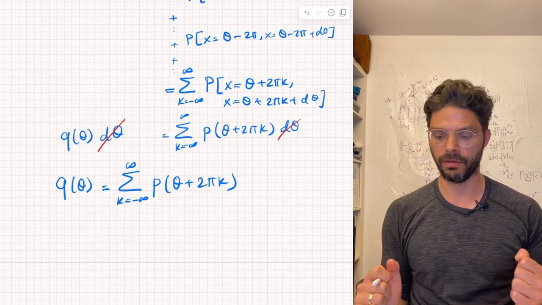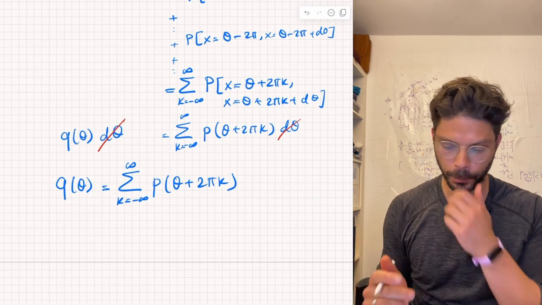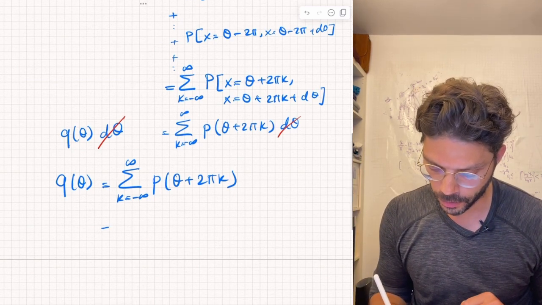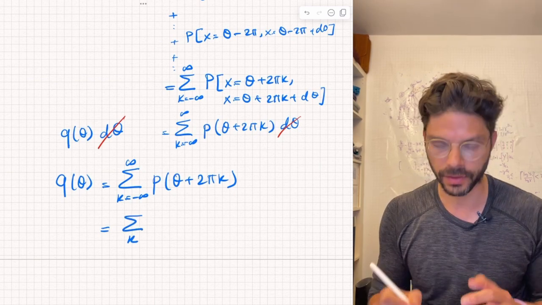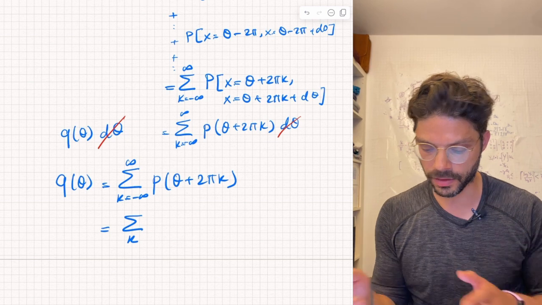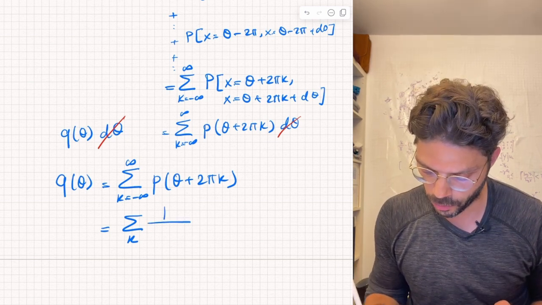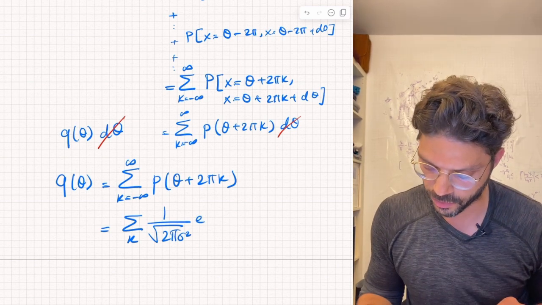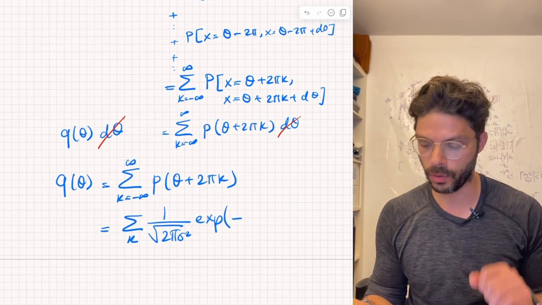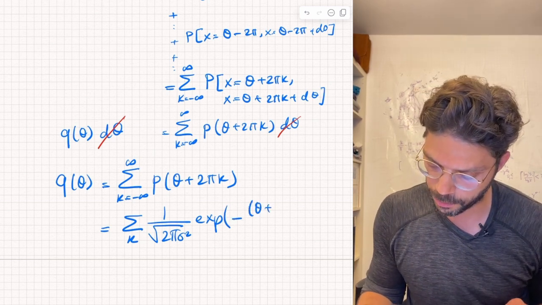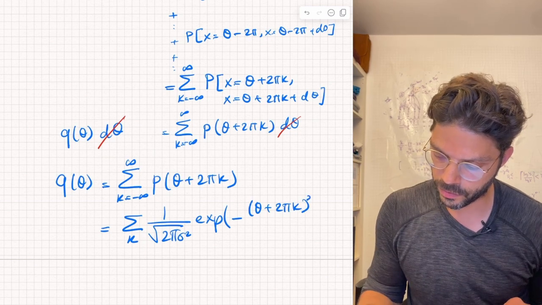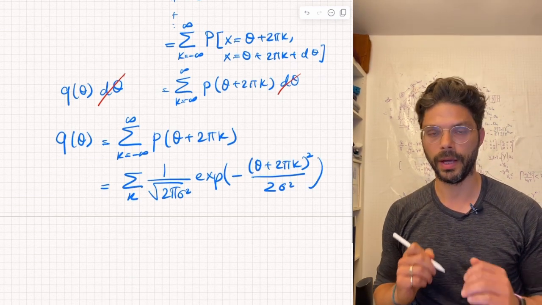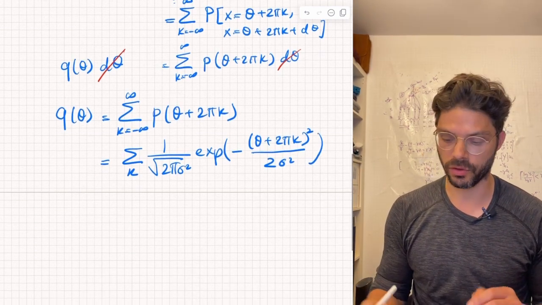Okay, all right, but what does that actually look like? So that's kind of the very first instance. We've got this kind of wrapping thing happening. And now that p is just our normal distribution, right? So I'm going to drop the minus infinity to infinity stuff. So that's going to be 1 over root 2 pi, and this is the variance. And remember our mean was 0, so it's just going to be theta plus 2 pi k squared over 2 sigma squared. Okay? So now all we're going to do is expand that out.